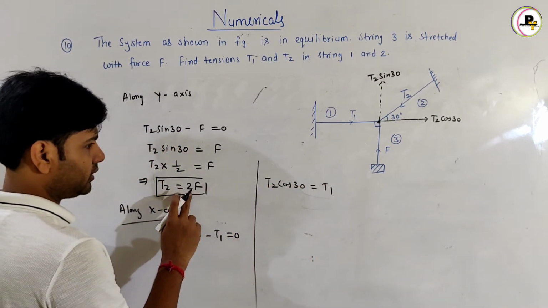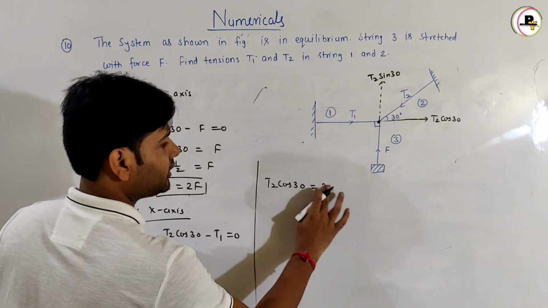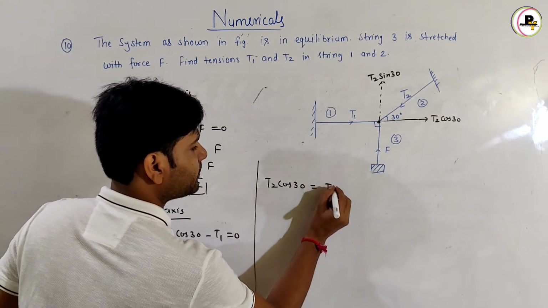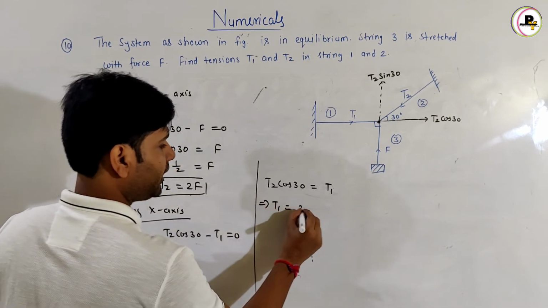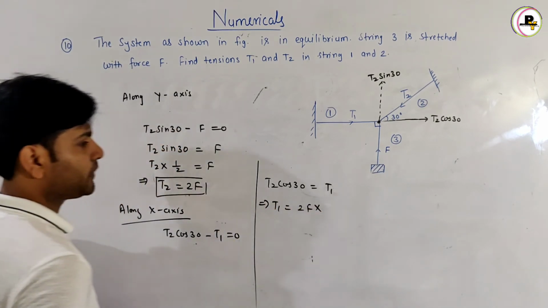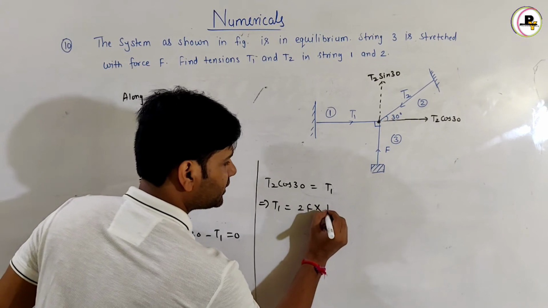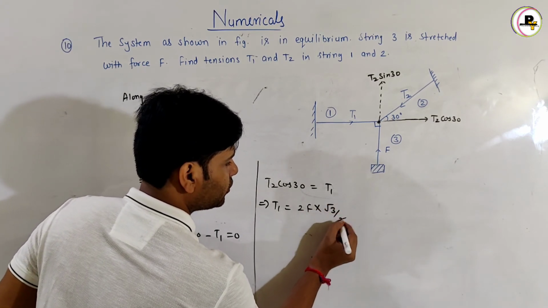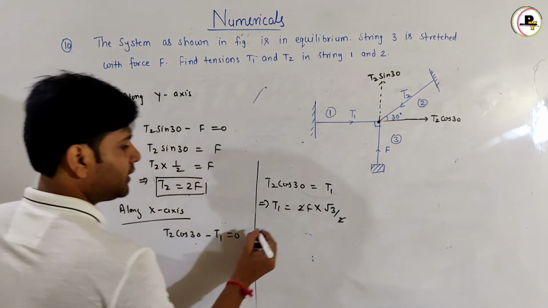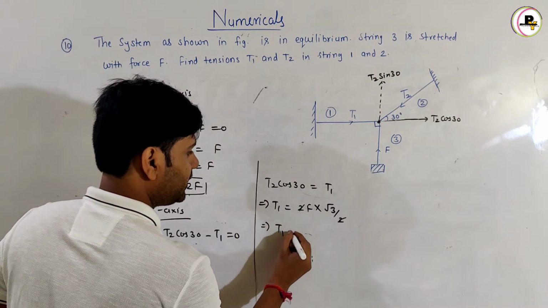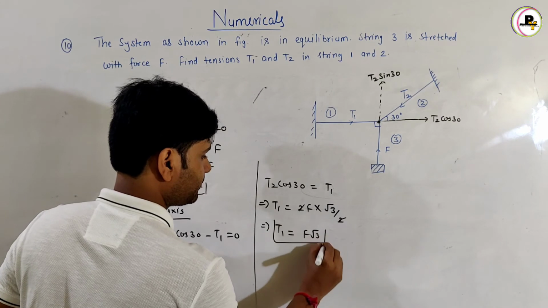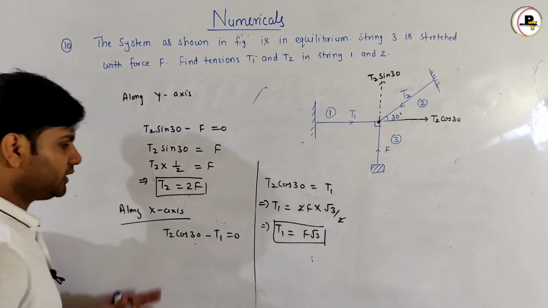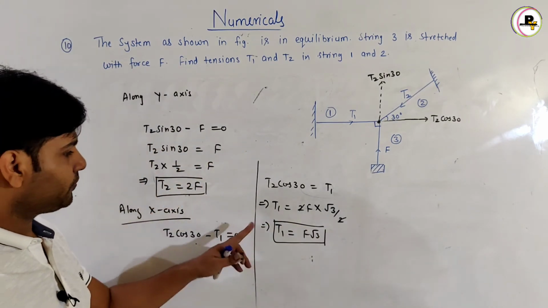So T1 is equal to T2, which is 2F, into cos 30. Cos 30 is root 3 by 2. So 2 will get cancelled, and therefore T1 is equal to F root 3. Okay, so these are the magnitudes of T1 and T2.